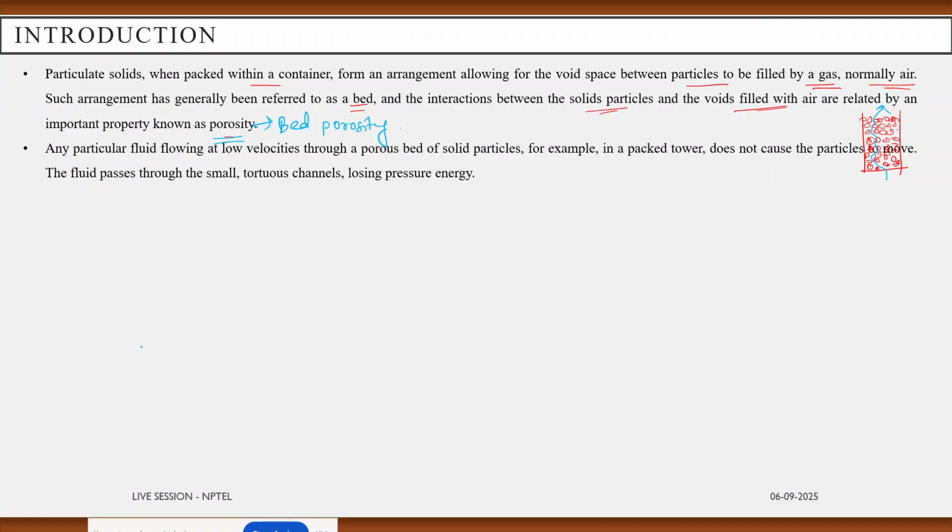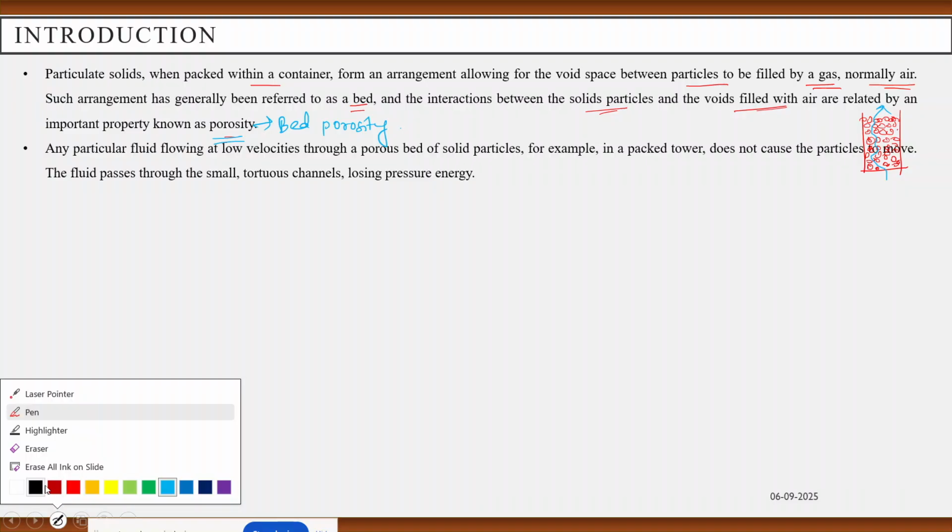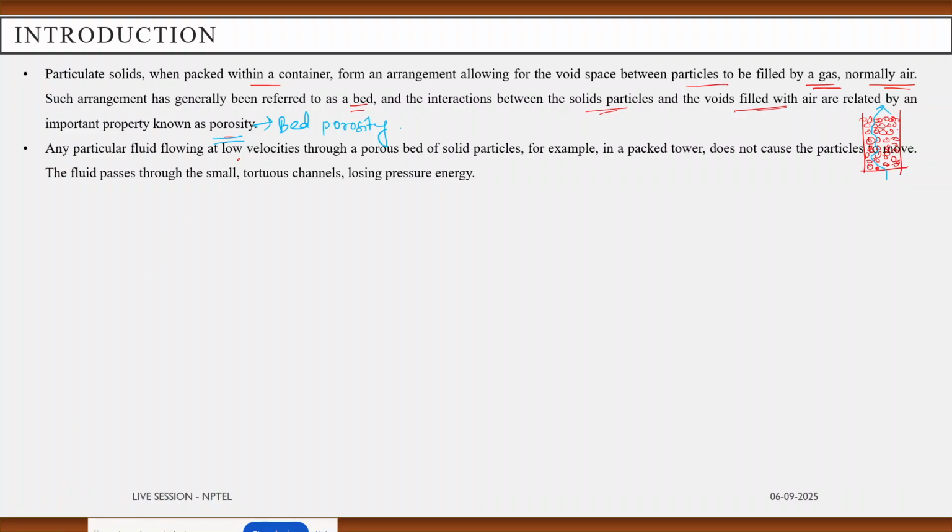Now, any particular fluid that we are considering here, if it is at very low velocity through the porous bed of solid material, suppose a packed tower that I have just drawn here, doesn't cause the particles to move if the velocity is very low. The fluid will pass through the small and tortuous channels.